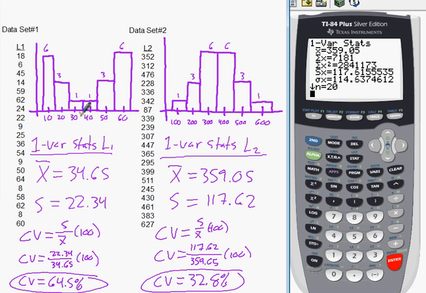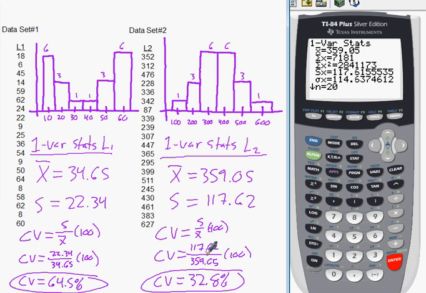Comparing the two, we would expect this data set to show more variation than this data set. And the reason why the standard deviation doesn't really show that is that the measurements themselves are much higher in data set 2. And so the degree of variation is going to be just a bigger number because the numbers are bigger.